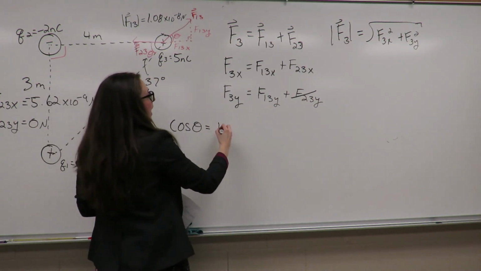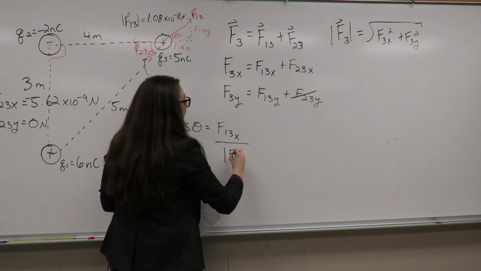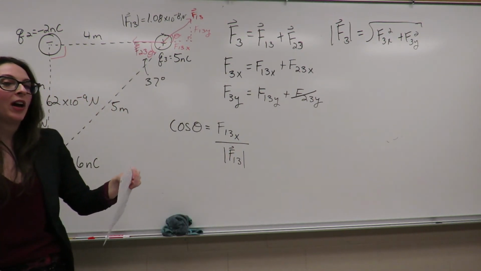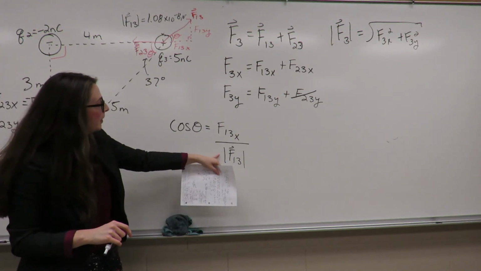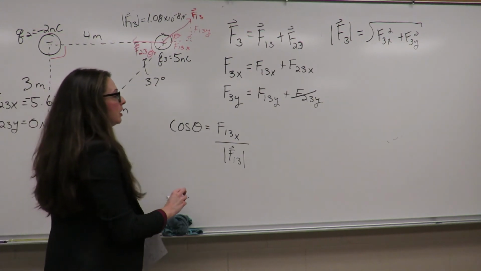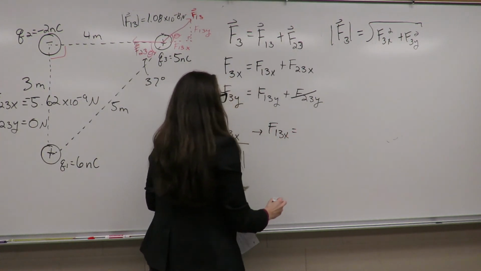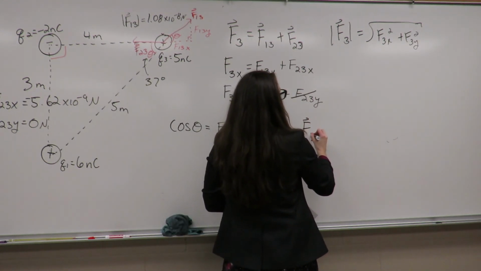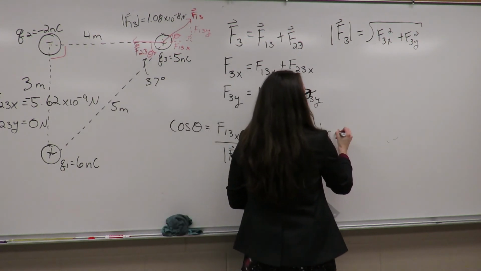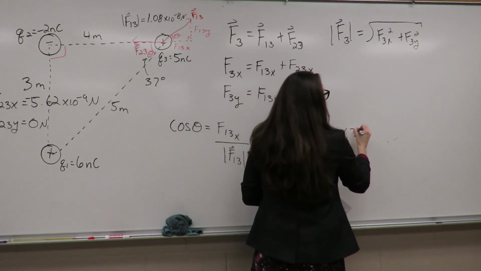So it is equal to the F13 x component, divided by the magnitude of the hypotenuse there, or the magnitude of my vector F13, which we know to be 1.08 times 10 to the minus 8 newtons. So this says that F13x is equal to the magnitude of F13 times cosine theta, so cosine of my angle here, 37 degrees.